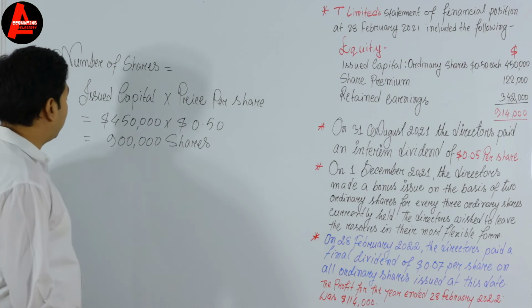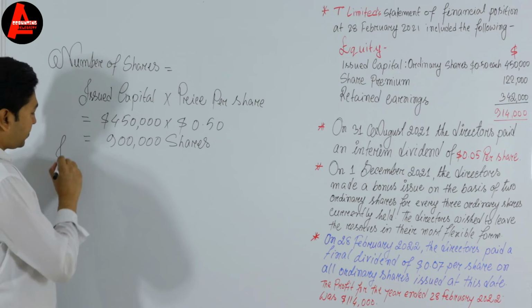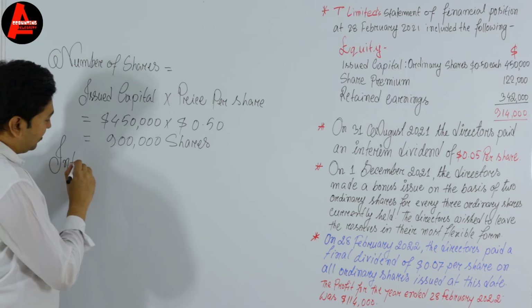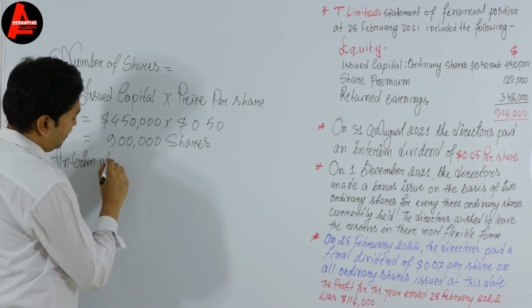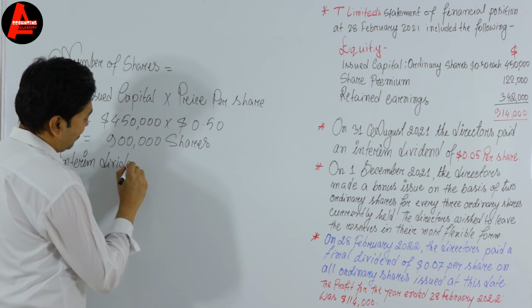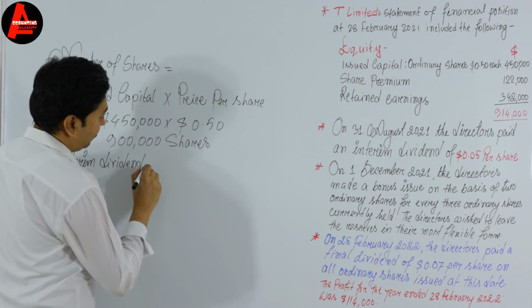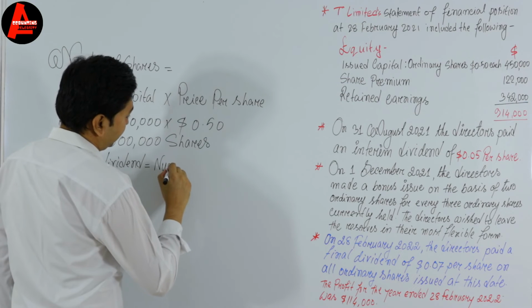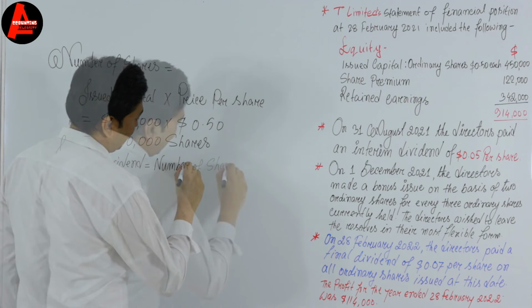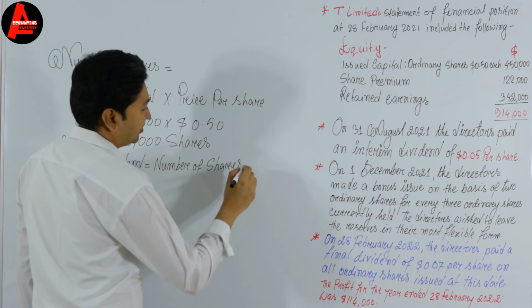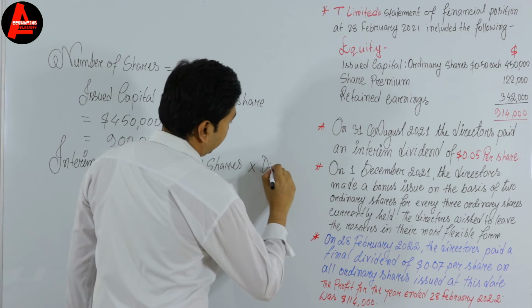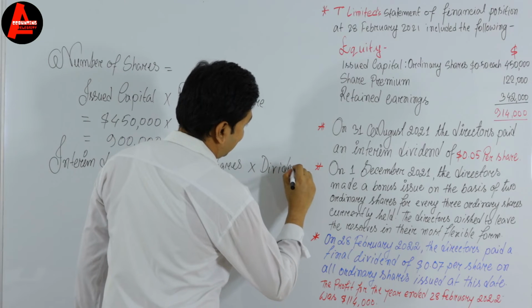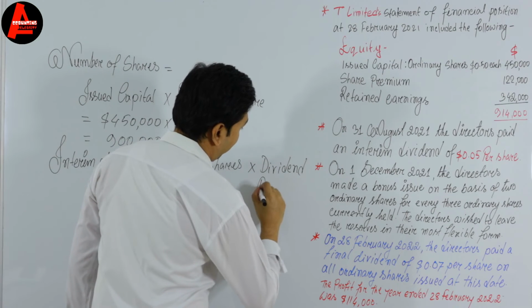So here we will write: interim dividend equals number of shares times dividend per share.